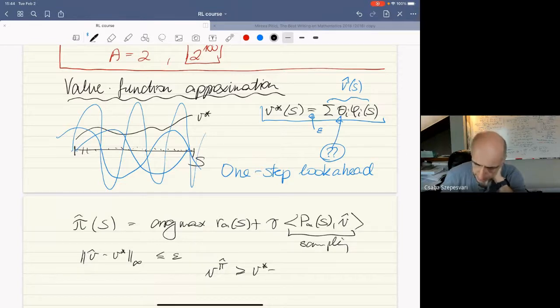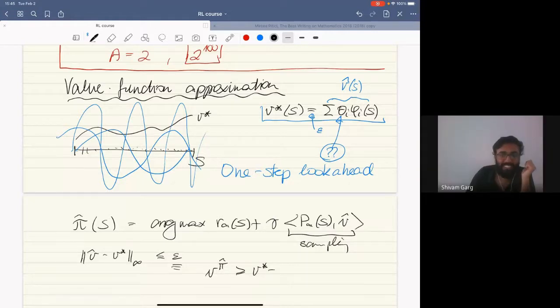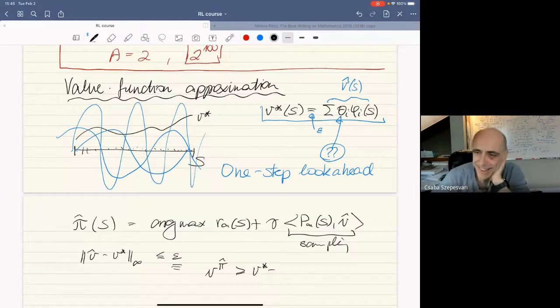How big is this compared to this epsilon? Can it be much bigger? How much bigger can it be? Quite a lot. Okay, epsilon over 1 minus gamma. Yeah, actually, there is a factor of 2.